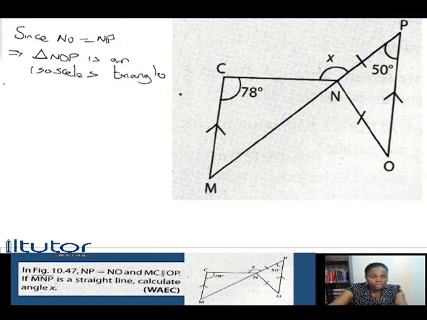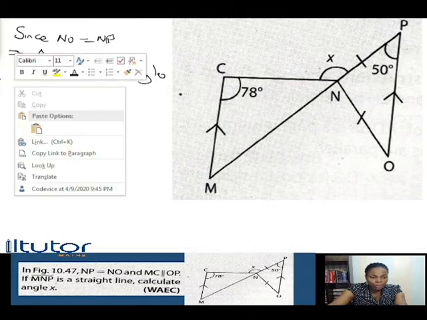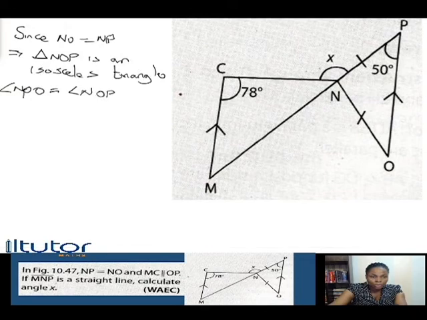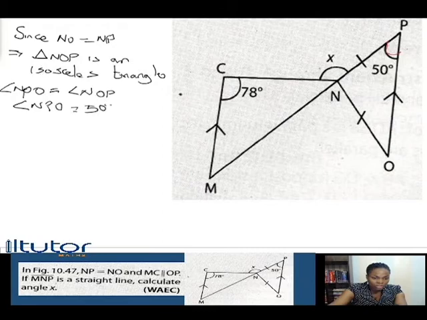So angle NPO is equal to angle NOP. This is angle NPO, and angle NPO is what we have as 50 degrees.